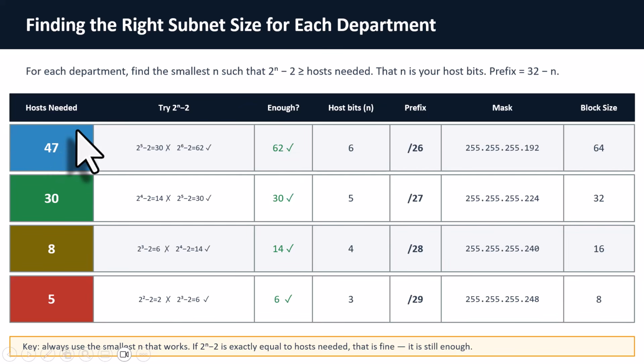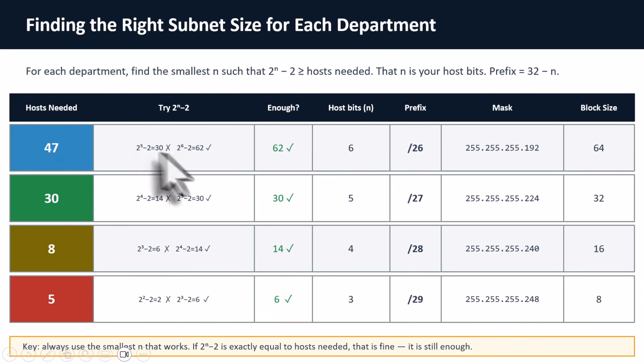What you should always do, you ask yourself, under this network, how many host bits shall we need? Or how many host addresses do we need? Remember our formula, 2 to the power h, where h represents the number of host bits, minus 2. And in this regard, 2 to the power 5 minus 2 is not going to work for us because we shall get 30, and 30 does not accommodate 47.